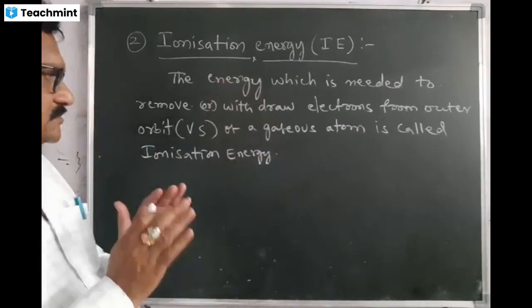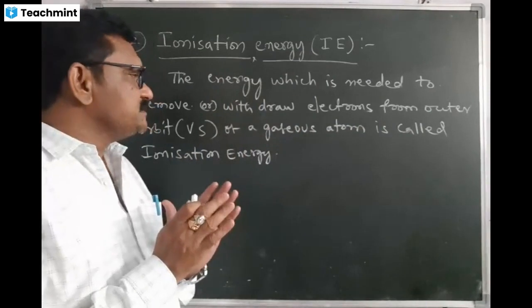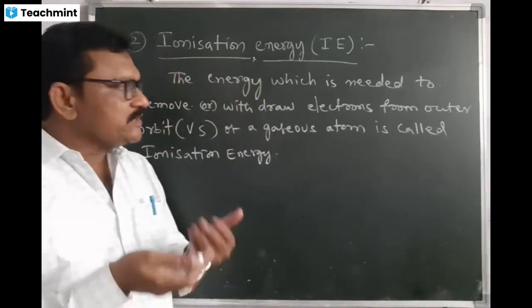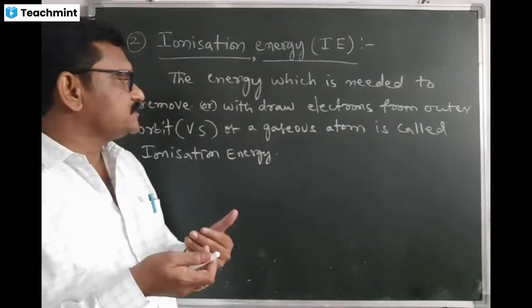Okay. So here, ionization energy means the energy which is needed to remove electrons from the valence shell of a gaseous atom.